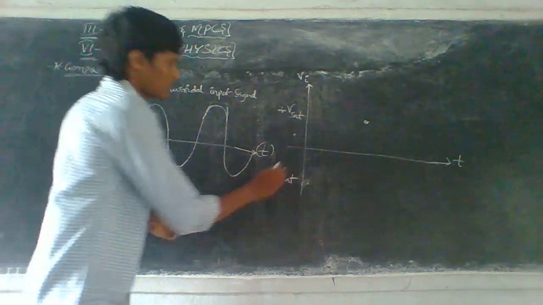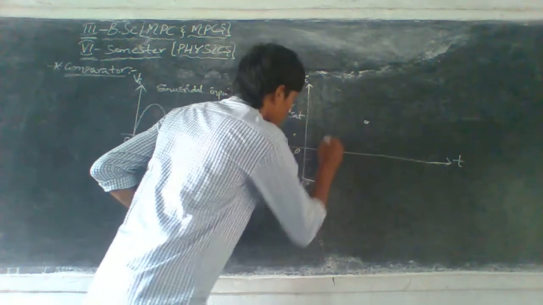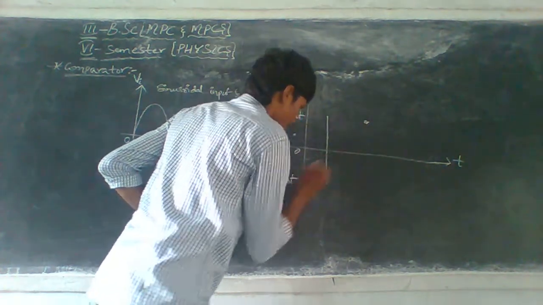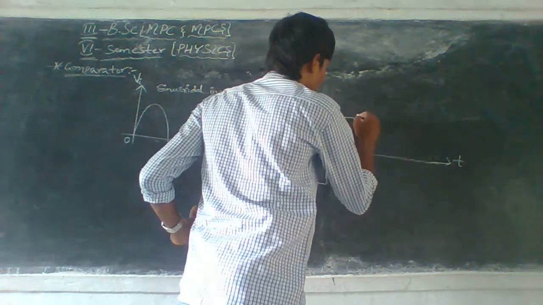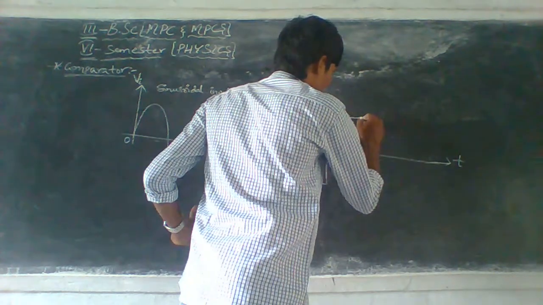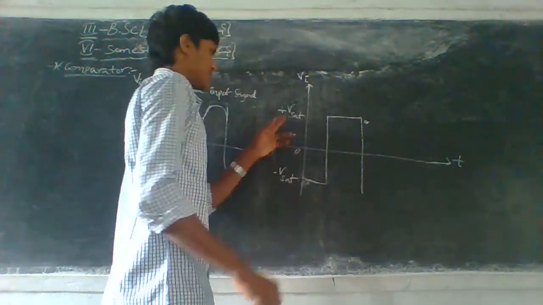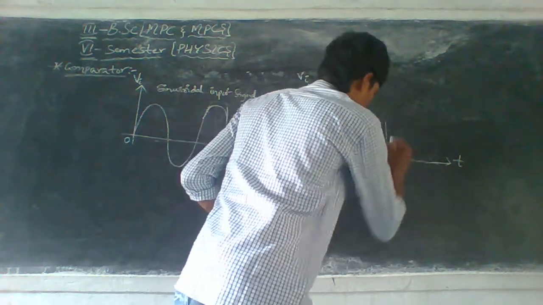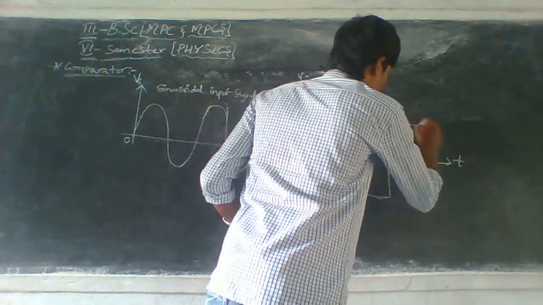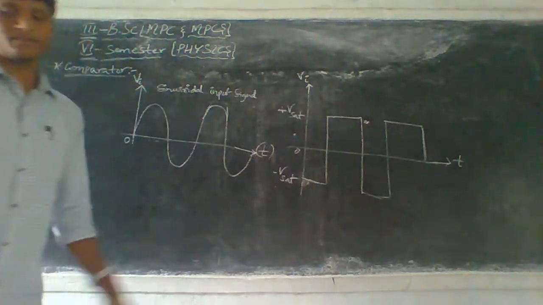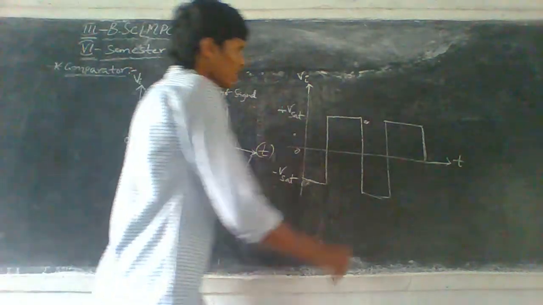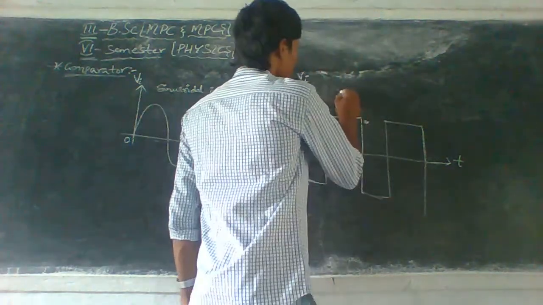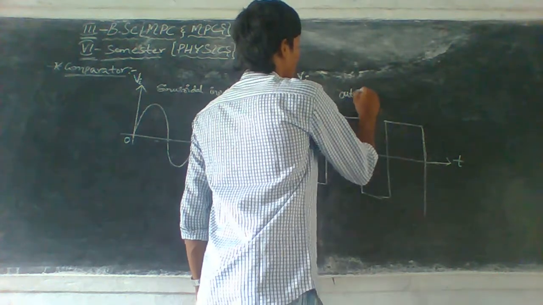So here this is the origin, and this is the waveform of the inverting output, plus V sat and minus V sat, is this one.